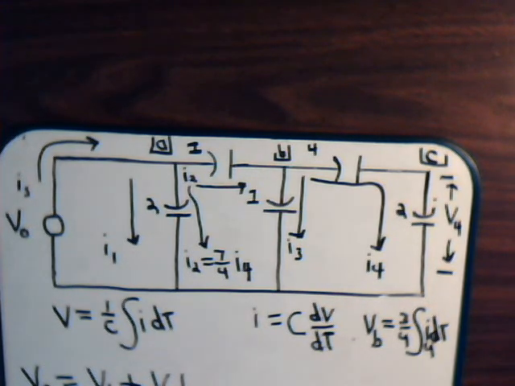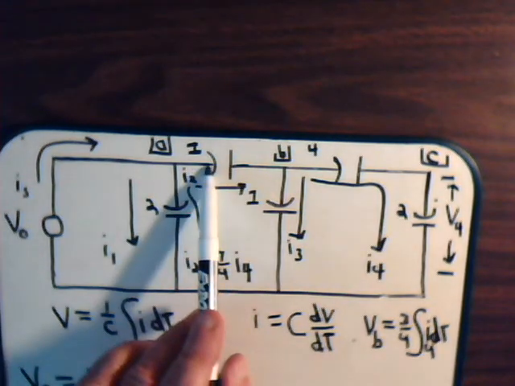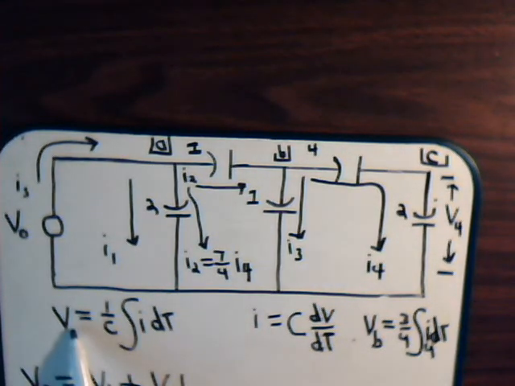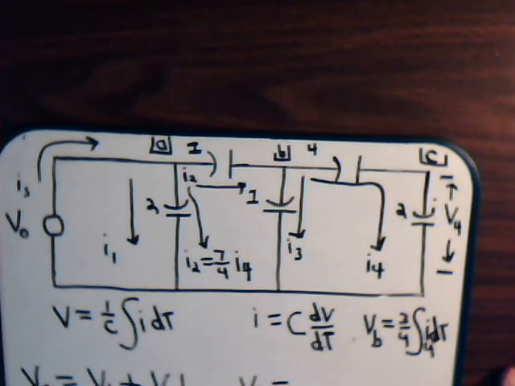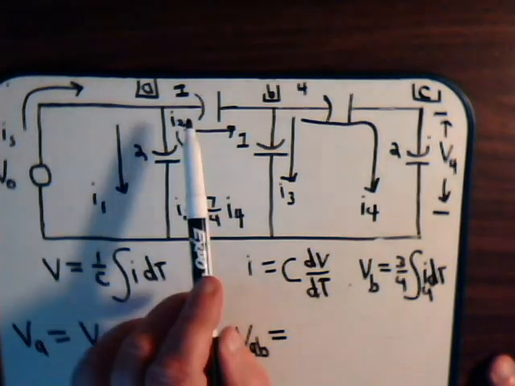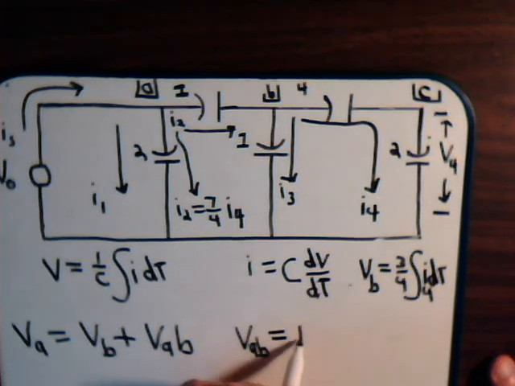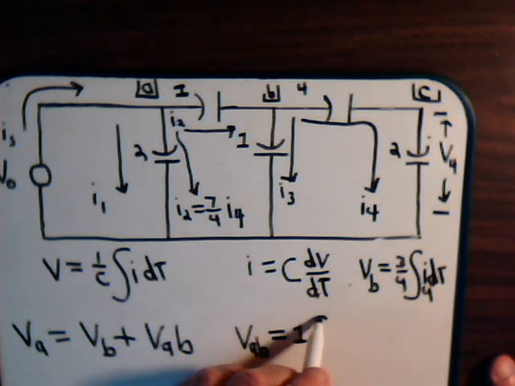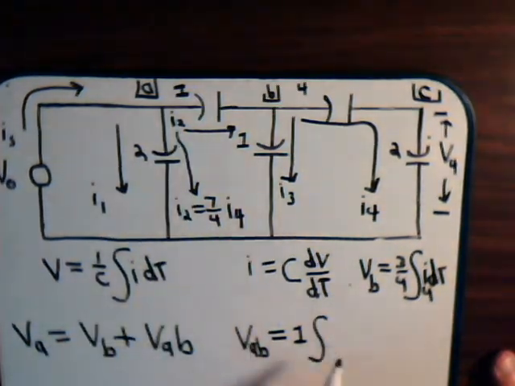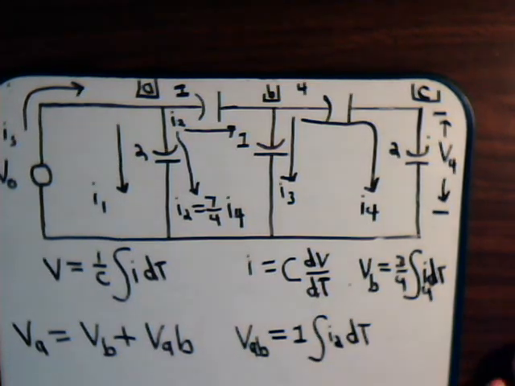That is the voltage across this capacitor that has a current of I2 going through it. So we use this equation. VAB equals 1 over C. That's going to be 1 over 1, so that's just 1, times the integral of I2 dt.